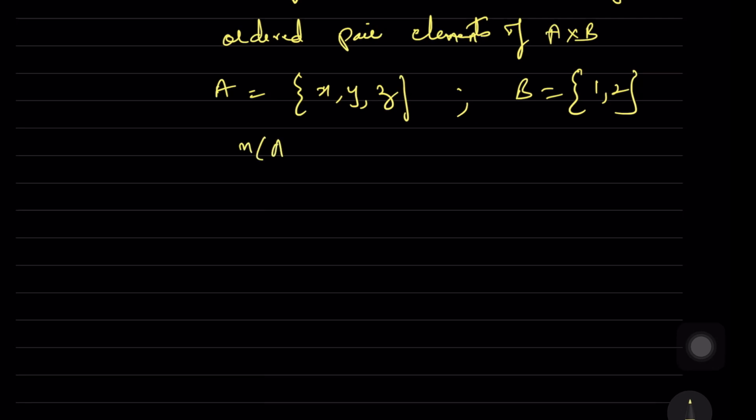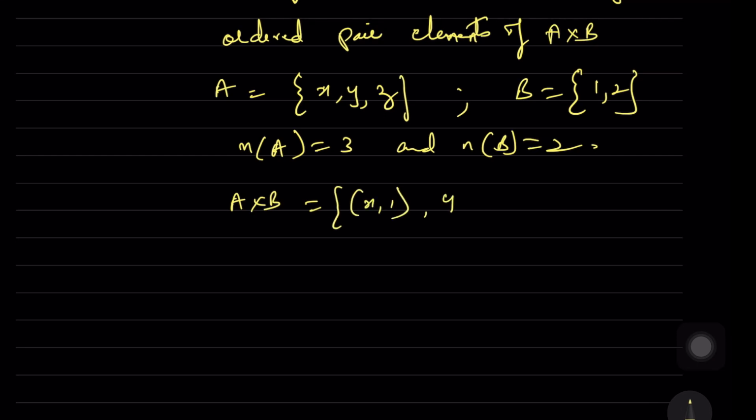So x, y, z are from A, and 1 and 2 are from B. So n of A is equal to 3, and n of B is equal to 2, and A cross B is equal to (x,1), (y,1), (z,1), and also having (x,2), (y,2), (z,2).